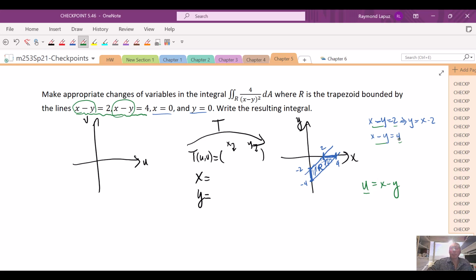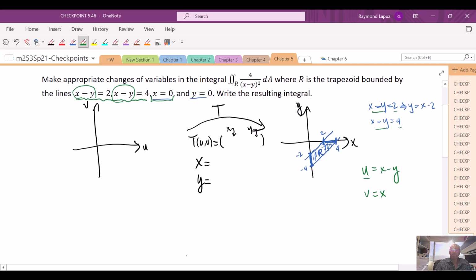Alright, so now we need to figure out what v is going to equal. We have x is equal to 0. Maybe we can start off by saying, what if we let x equal v? So if we let x equal v, what is our y going to equal? Well, if x is equal to v, we can solve for y.